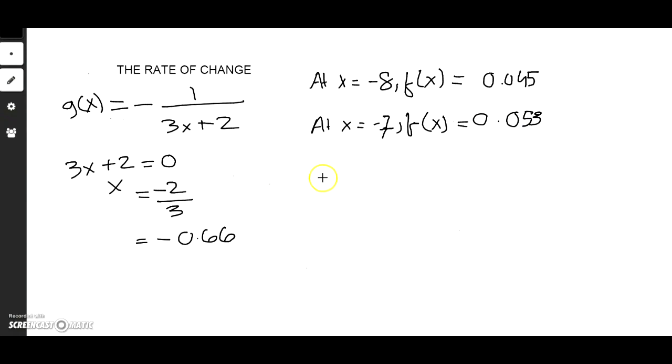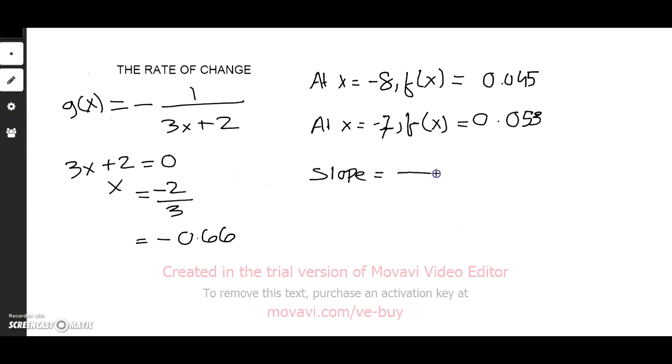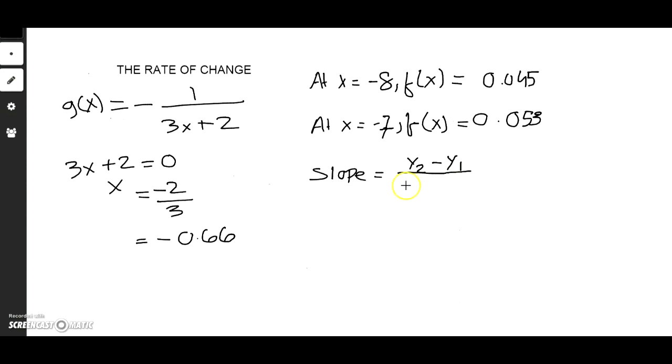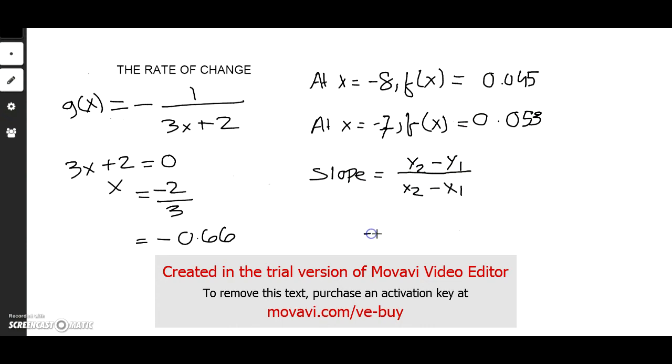So we know that to find slope, there is a formula. The formula is as follows: y2 minus y1 divided by x2 minus x1. We're going to substitute these values into this equation.